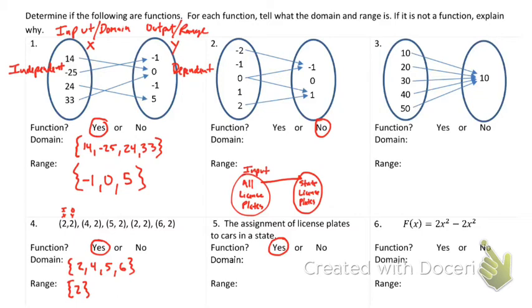So our domain, as you can see, is all license plates. Okay, and our range is state license plates. All right, so that's kind of how you do that one. Not too big of a fan of that problem, but I thought I should go over it.